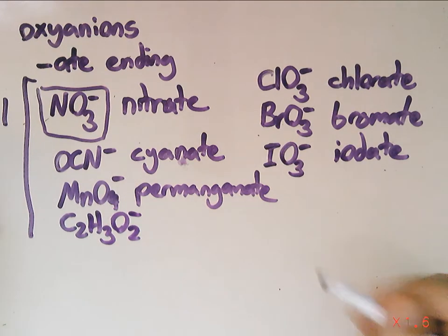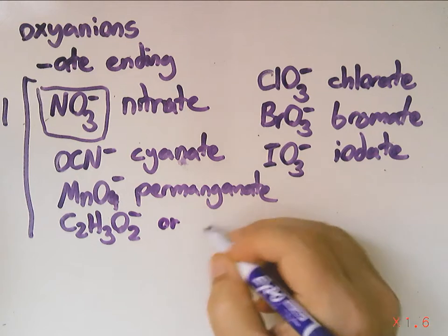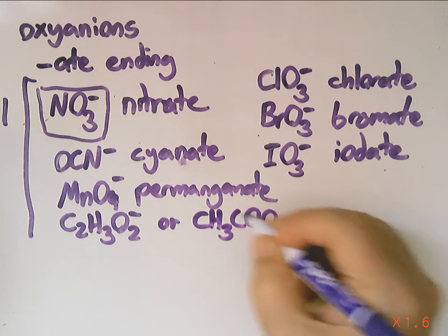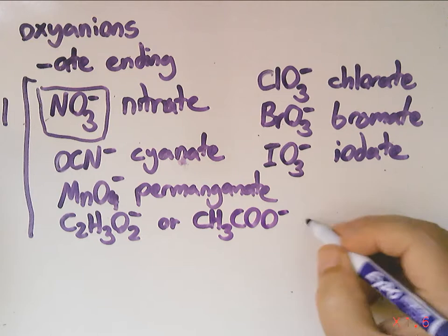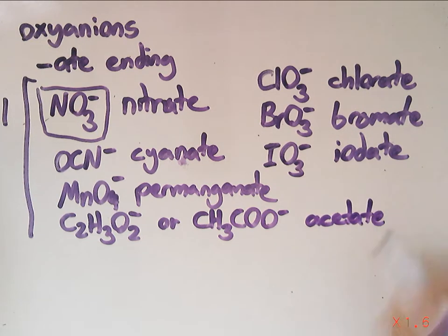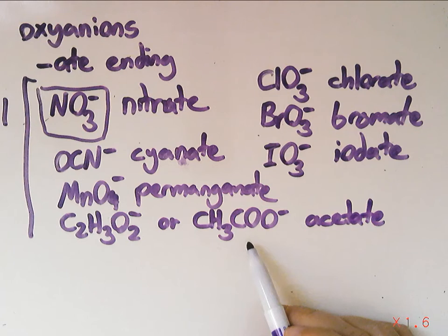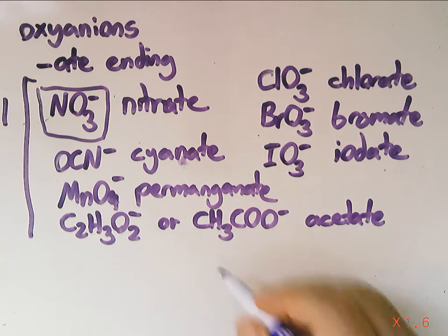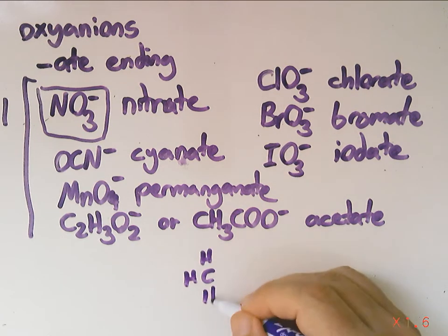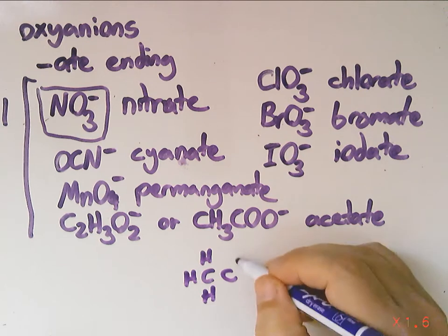This can be written this way, or the way your book writes it, and the way organic chemists write it. Either of these forms is called acetate. Now, people will sometimes write it down like that to show how it's wired up. The molecules hook together something like this.